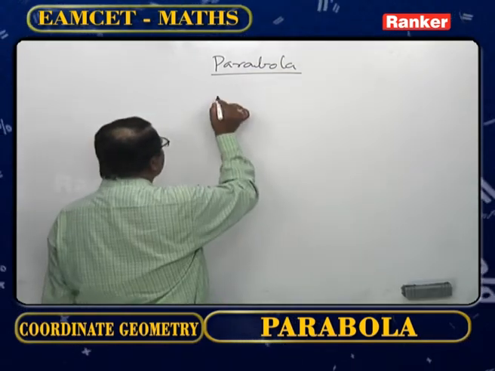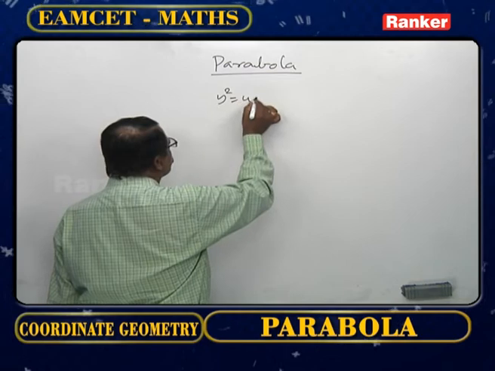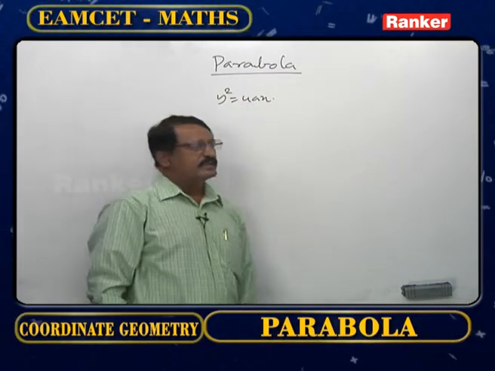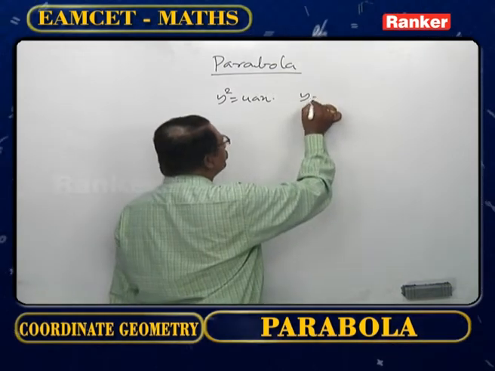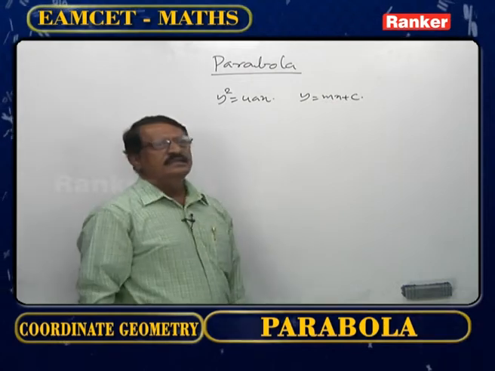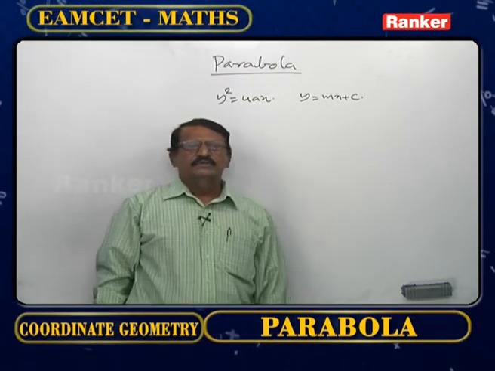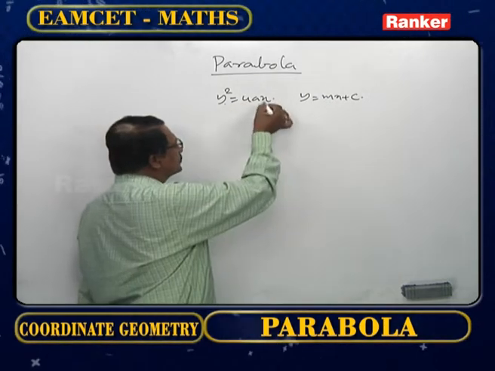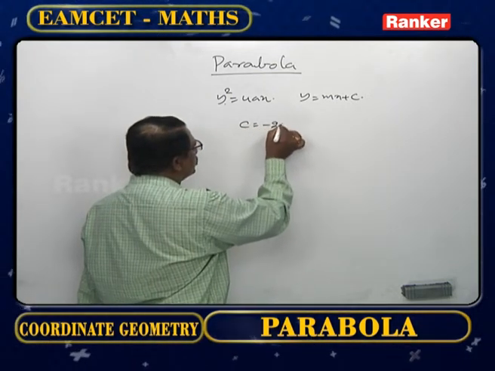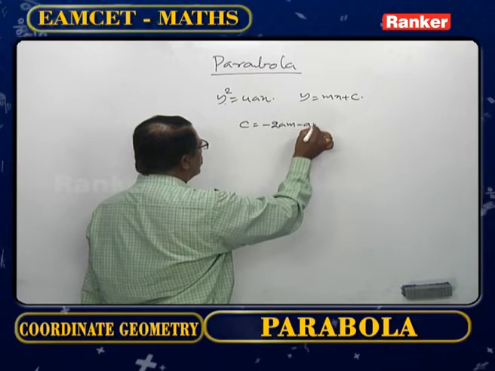If the parabola equation is y square equals 4ax and y equals mx plus c is a normal to the parabola, then the condition is c equals minus 2am minus am cube.